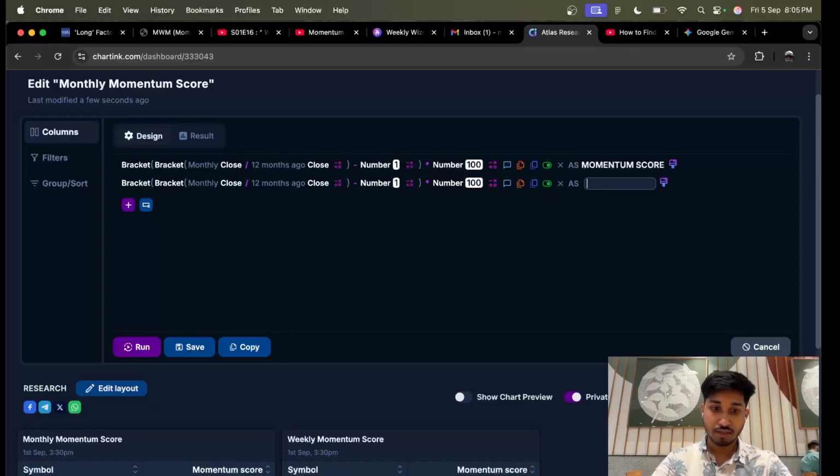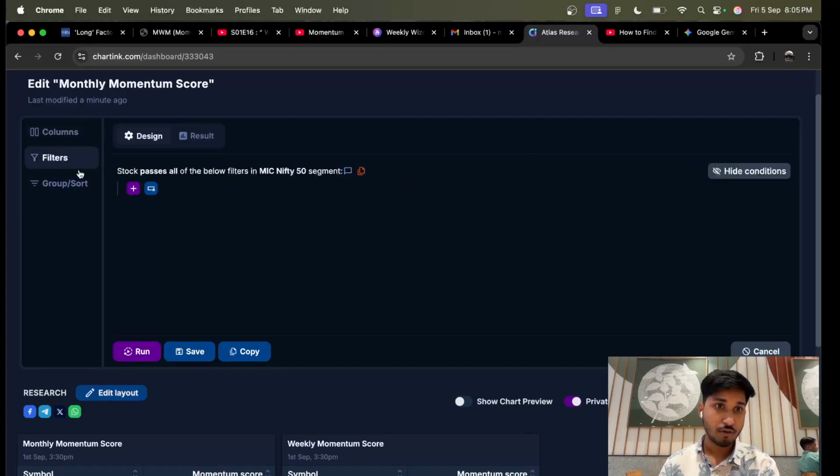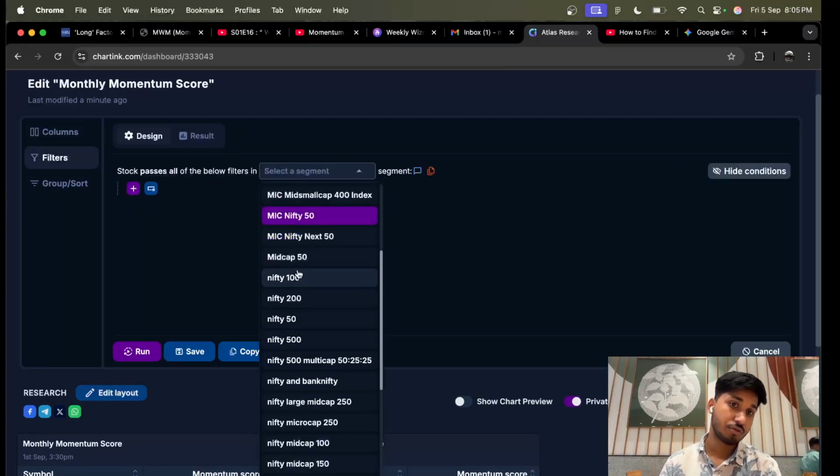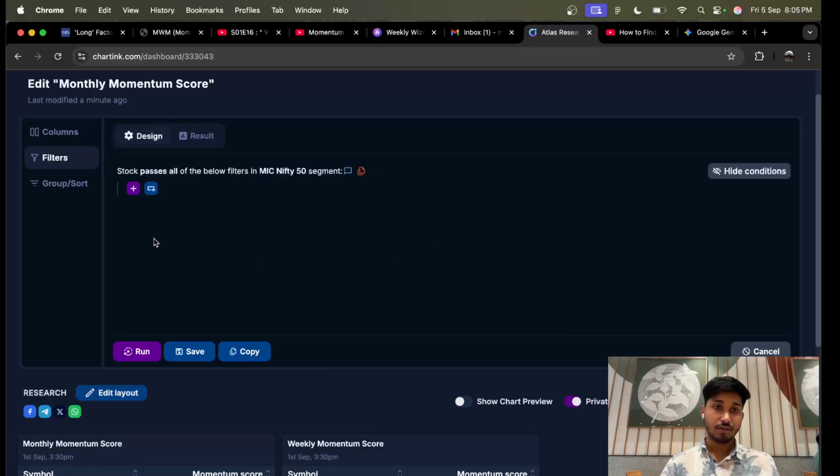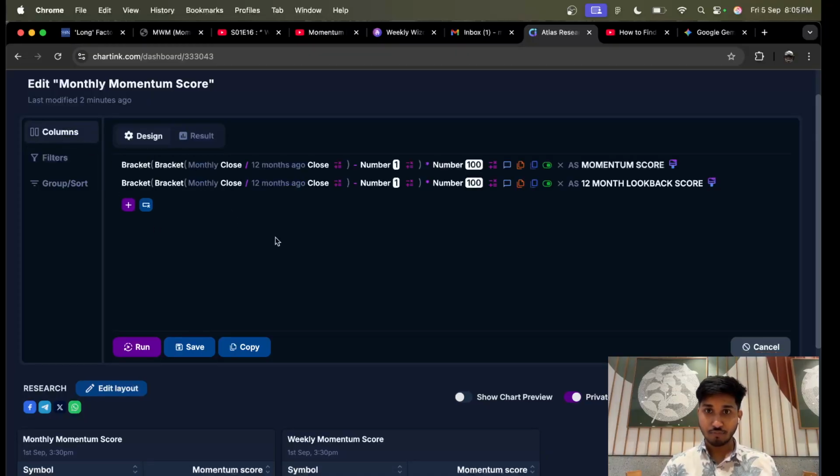You can name this 12 months look back. That's it. You just have to write down this formula and choose your index. You can choose Nifty, Nifty Next 50, a small cap index, anything. That's it for rate of change.